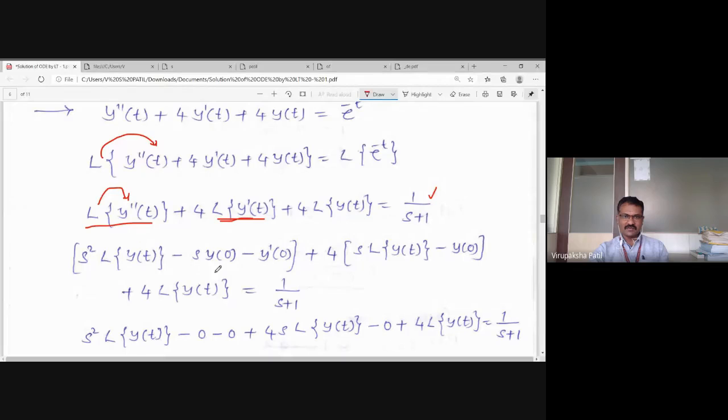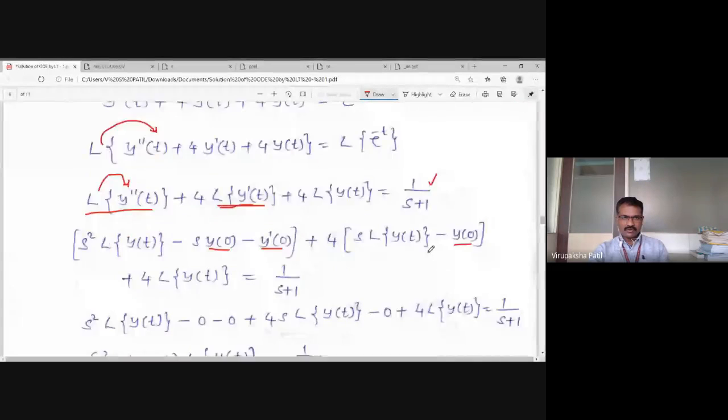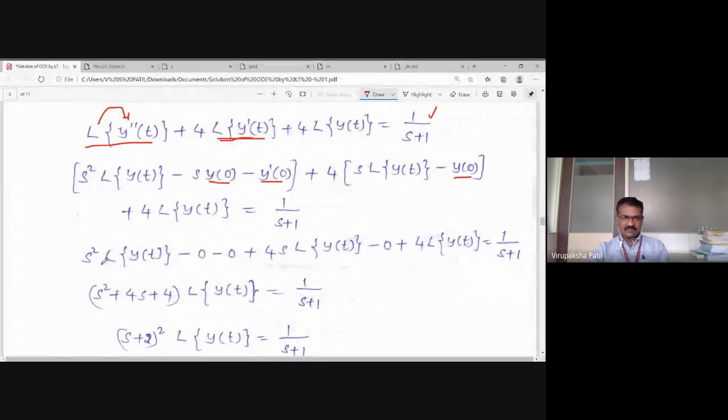Now we are given the values of y at 0 and y dash at 0, so substitute those values. Y at t equal to 0 is 0, and y dash at t equal to 0 is 0. So s square into L of y of t remains. The s into 0 becomes 0, and y dash of 0 becomes 0.